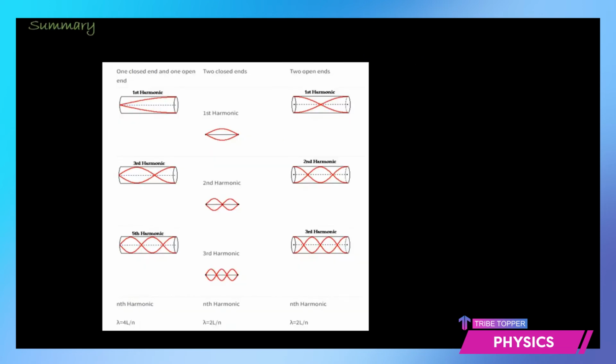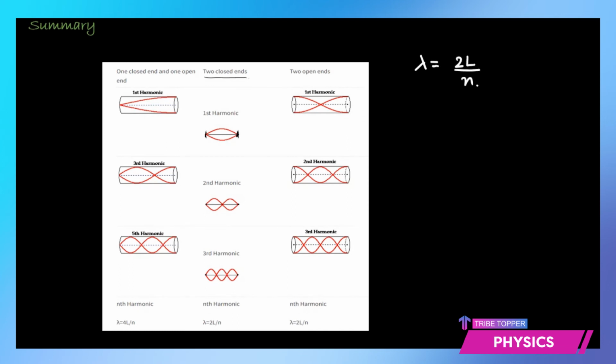You must remember these. This is the summary I have put here. Whether you have a standing wave on a string which is fixed at two ends, or a pipe with both ends closed, for the first harmonic the ends cannot move because they are fixed, so you have nodes at the ends and an antinode in the middle, and then the second and third harmonics, and the wavelength for the nth harmonic was 2L by n.